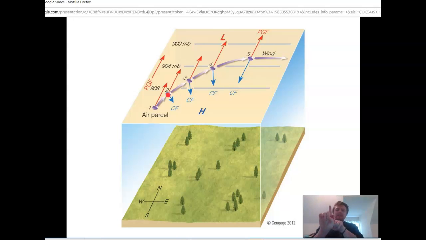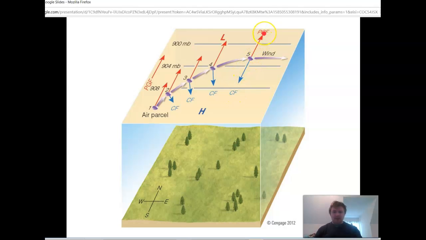But the more it speeds up, the more the Coriolis force acts towards the right. It slowly turns this air until it stops speeding up or changing its direction, because the forces are now canceling each other out.